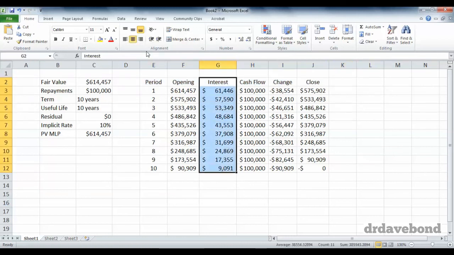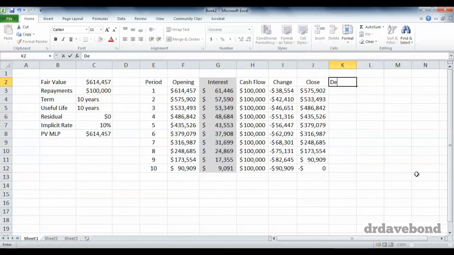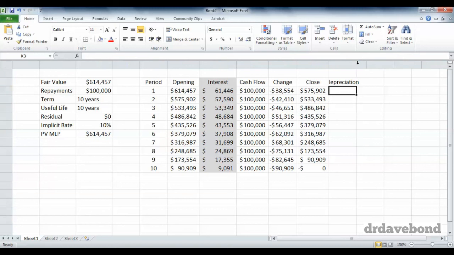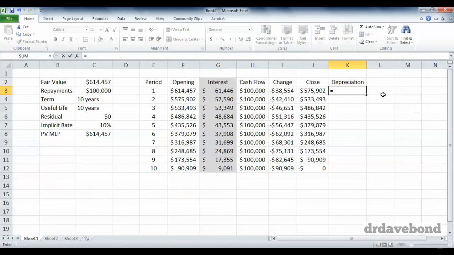Now, the interest is an interest expense, so I'm going to highlight that. So we have interest expense. We also have depreciation expense if you're a finance lease. So the depreciation expense will be, this is the asset. I mean, it's a liability in this one, but that is also the asset that would be recognized. And it's over 10 years with zero residual, and we're assuming straight line depreciation.